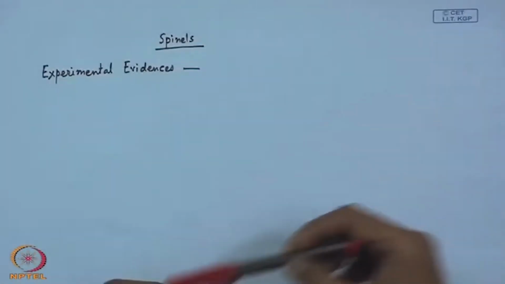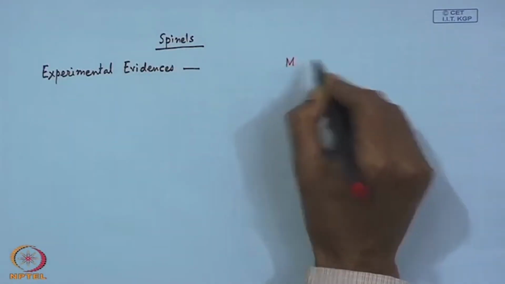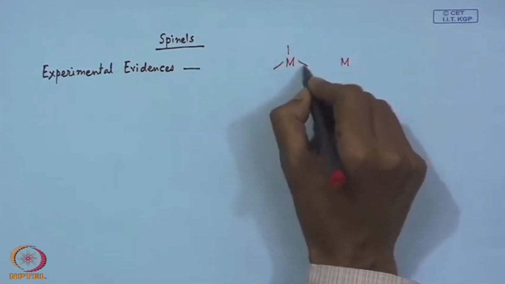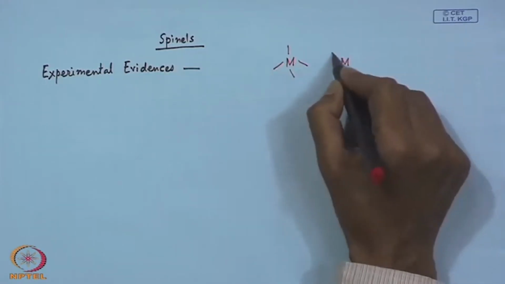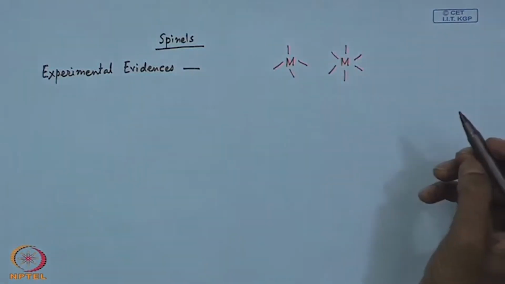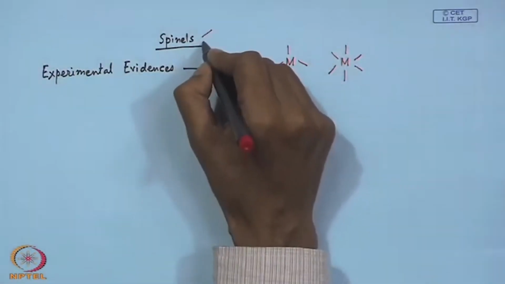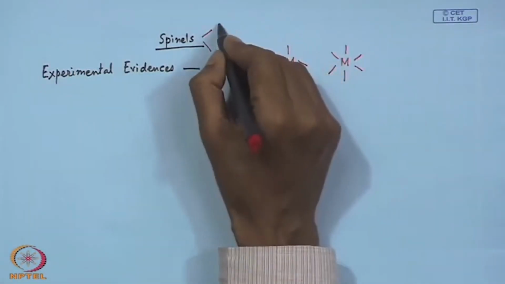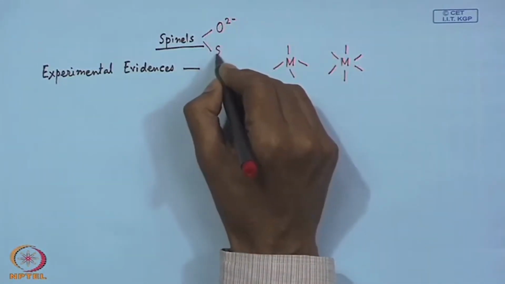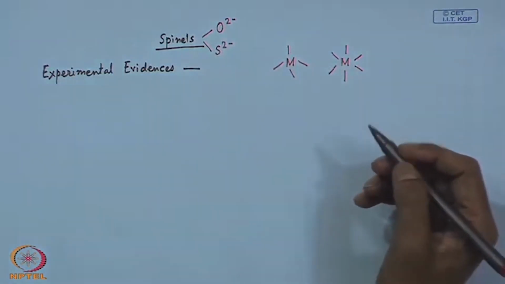That means whenever a metal center is present and it can have some immediate environments, either tetrahedral or octahedral, and when we talk about these spinels, we can have these oxide anions, and today we will see also the sulfide anions.